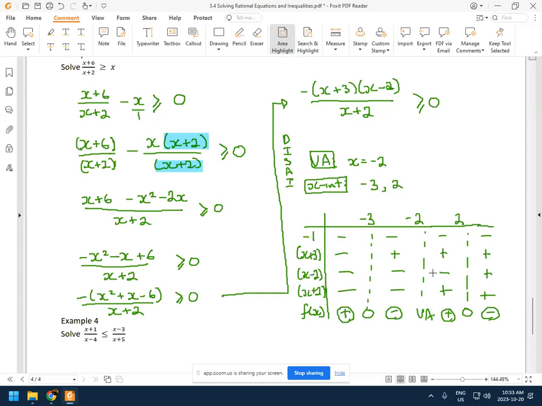So we've got, when is this new function that we created greater than 0? Well, it is greater than or equal to, it's all of that, including the 0. Not including the vertical asymptote, but including that 0 right there.